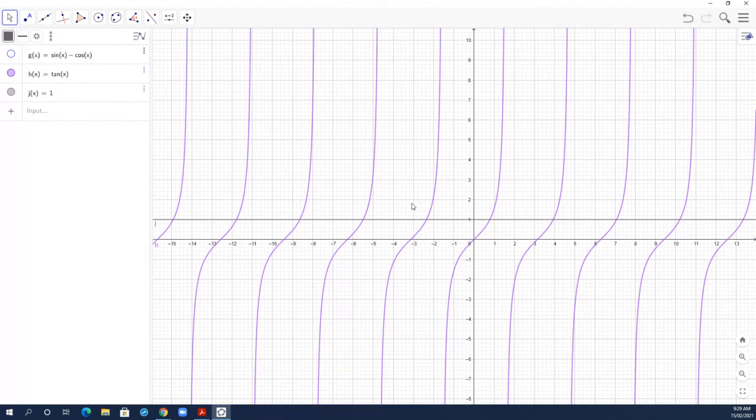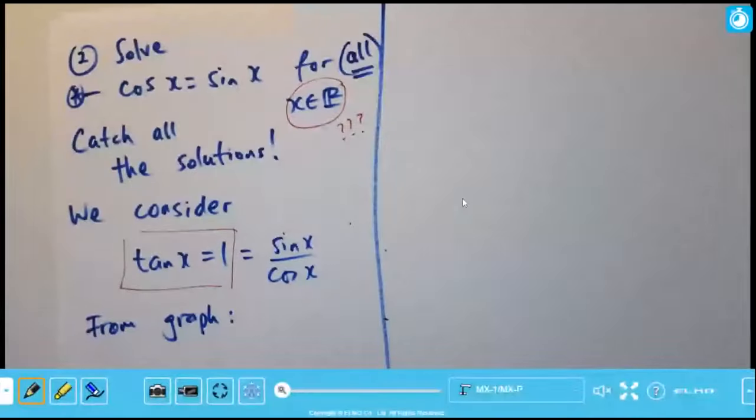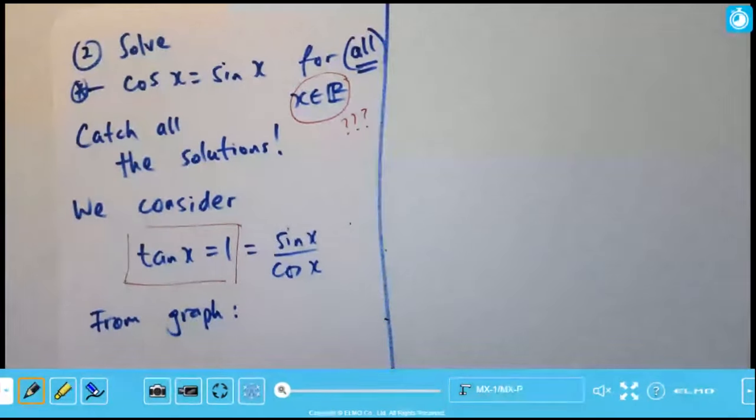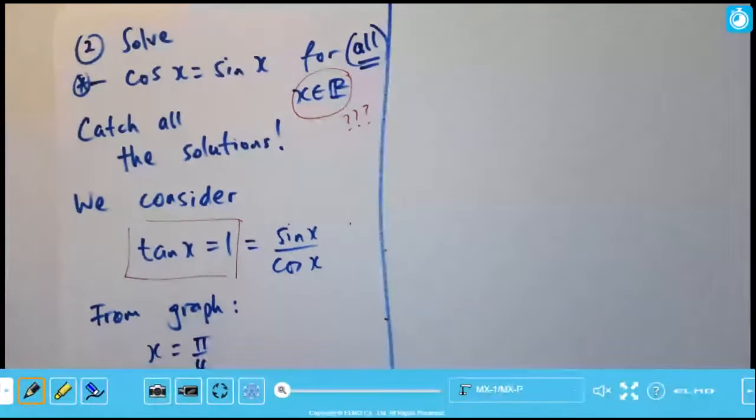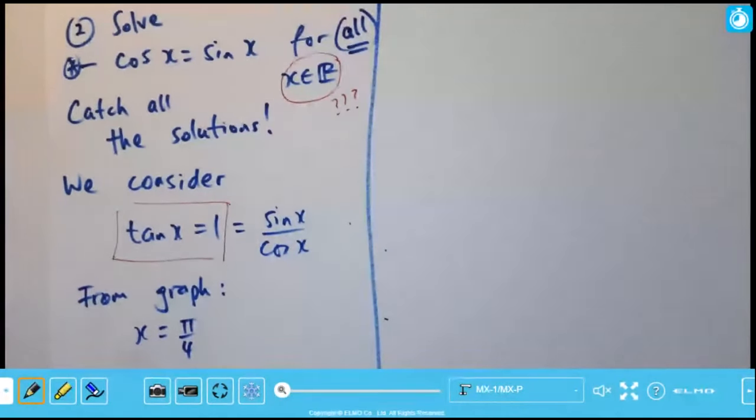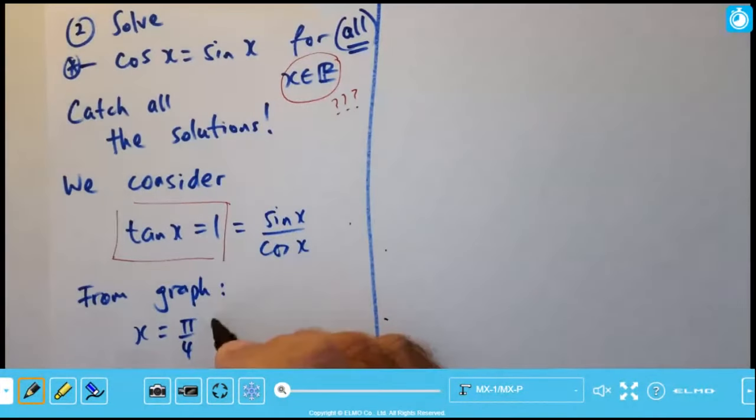So that's from a graph. Let me stop sharing, and share my Chrome tab. So we know that x is pi on 4, but that doesn't catch them all, right?